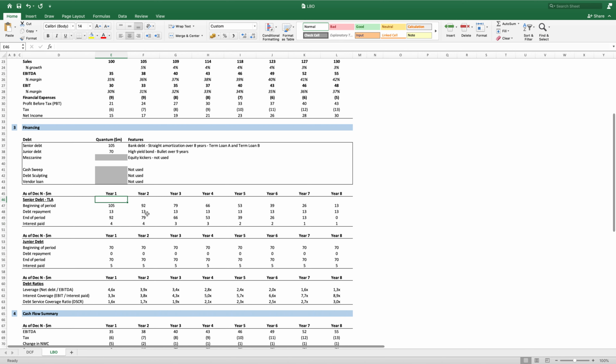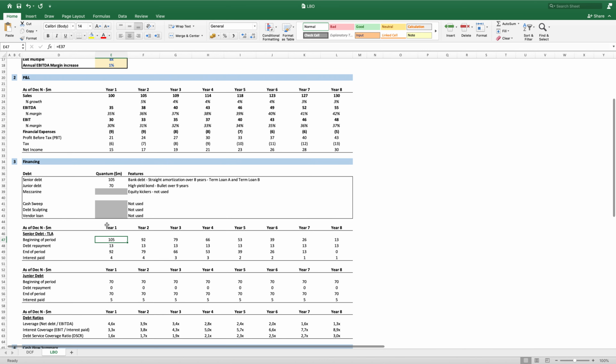What you would have also here are debt schedules. For instance, for the senior debt, you would have $105 million at the beginning of the period. We said that such debt would be amortized over 8 years. So each year it's 105 divided by 8, which gives $13 million per year.